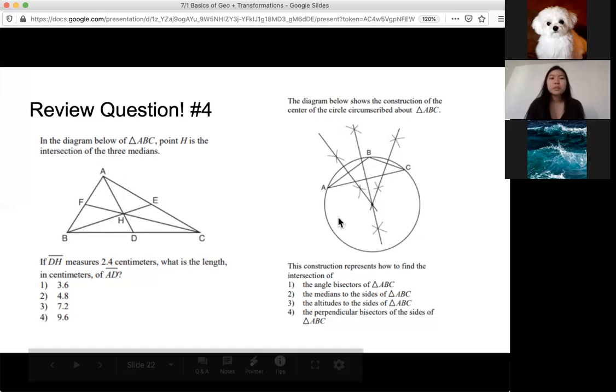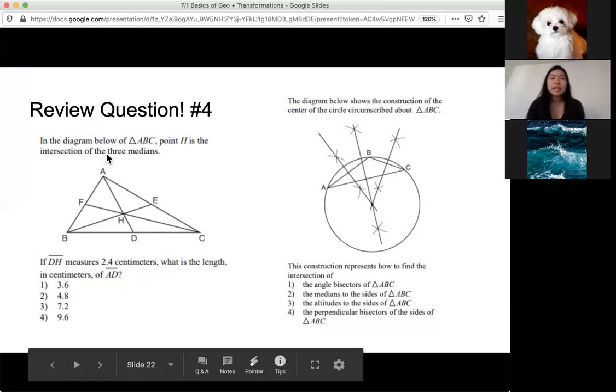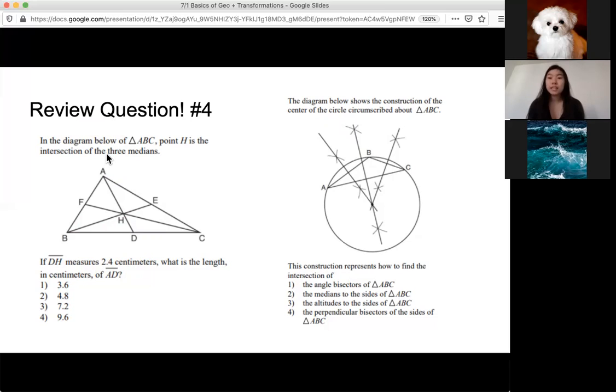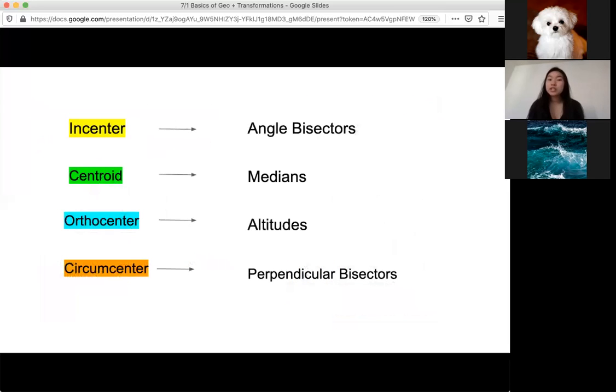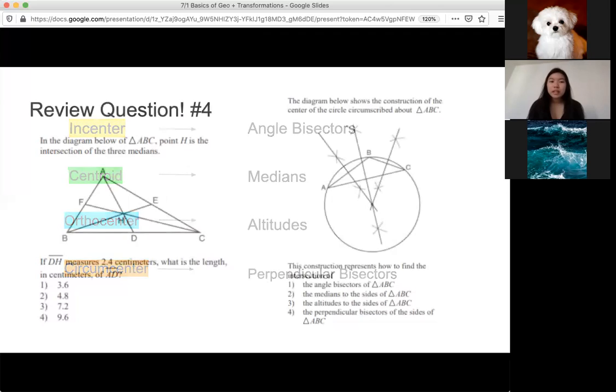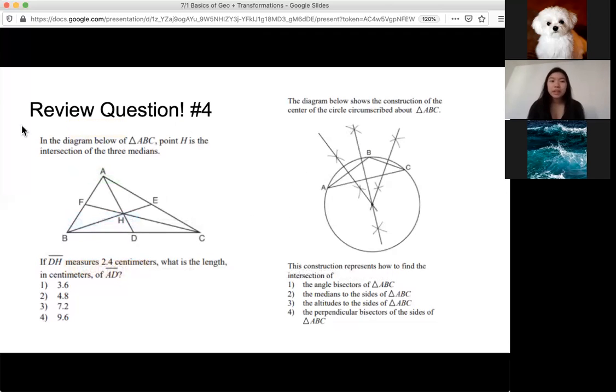I just wanted to point out that it says in the diagram below of triangle ABC, point H is the intersection of the three medians. So just remember which triangle has three medians. We can go back. So that's the centroid. And if DH, right here, measures 2.4 centimeters, what's the length of AD?